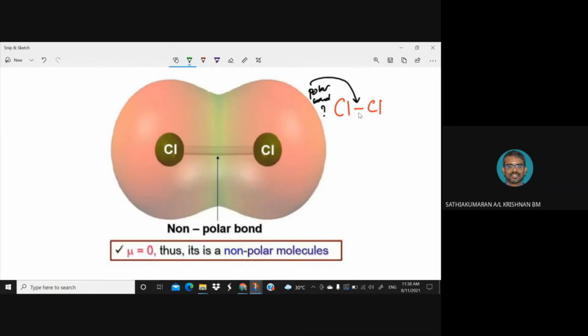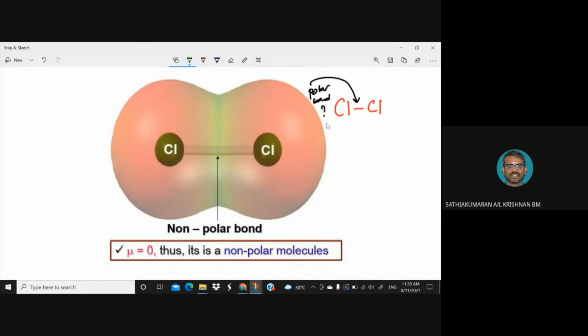So you cannot draw delta positive or delta negative, and you also cannot draw a polar arrow.